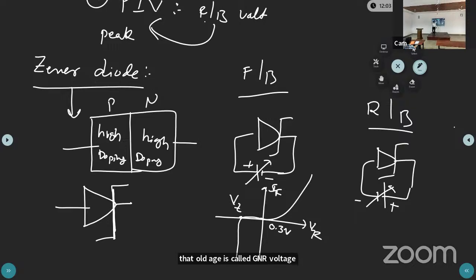After the GNR voltage, if you increase the reverse voltage VR, the voltage across the GNR diode is constant. That is called the regulator.